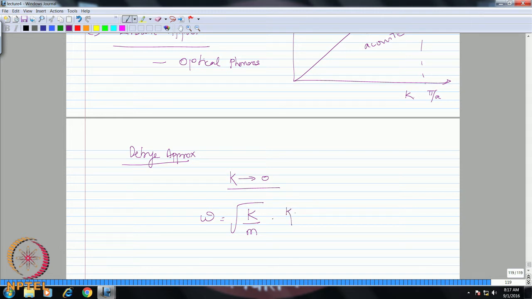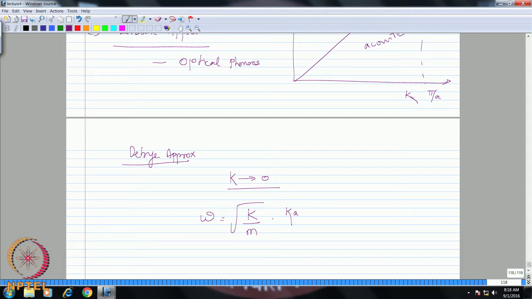Kappa a by 2, 2 and 2 cancel. So, this is your linear relationship between omega and kappa. What I call k here is kappa. Please understand.